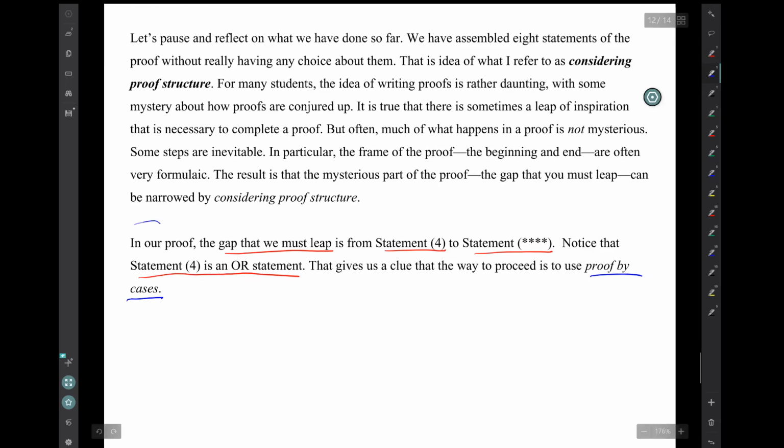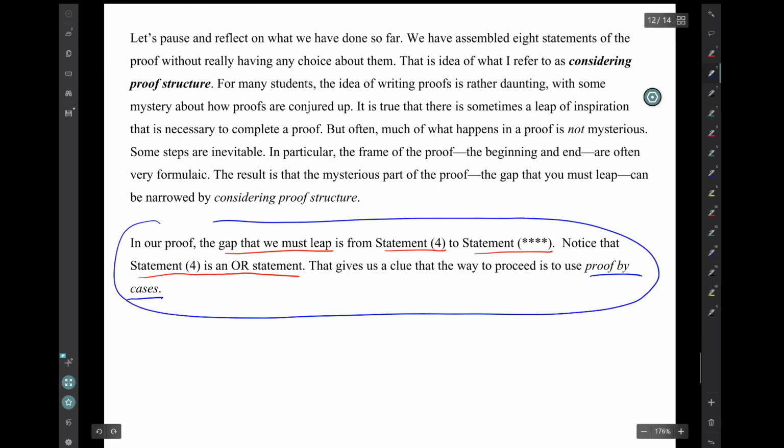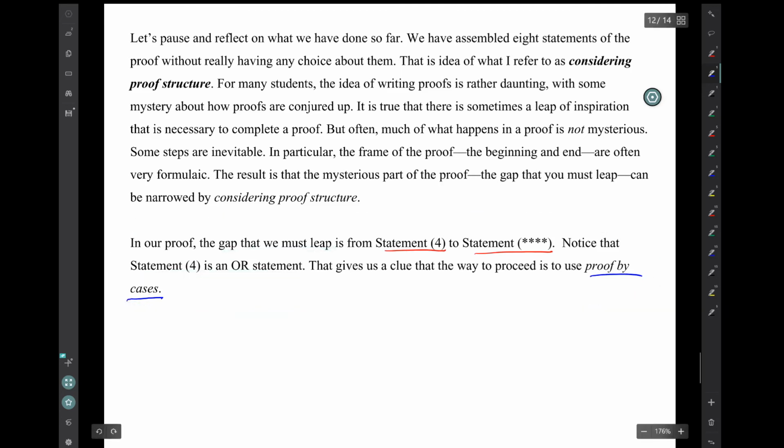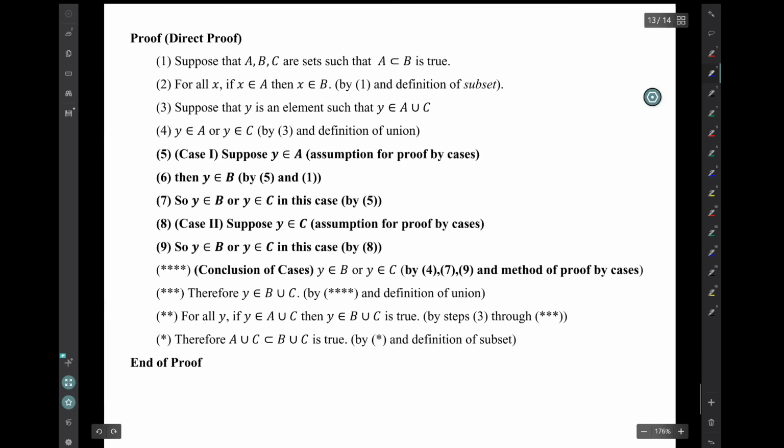So here is kind of a mysterious leap that we had to make the connection in order to do that leap. So the proof by cases unfolds this way. These steps get put in, and also some explanation gets put into our existing step.